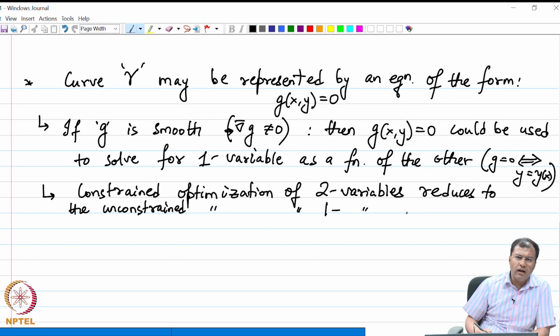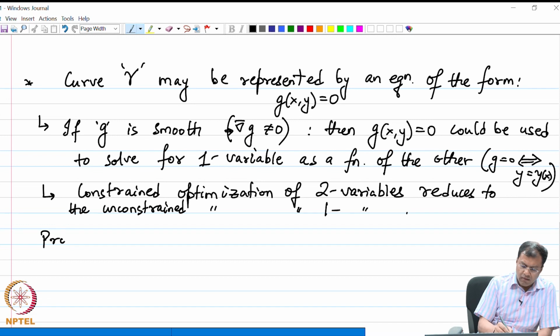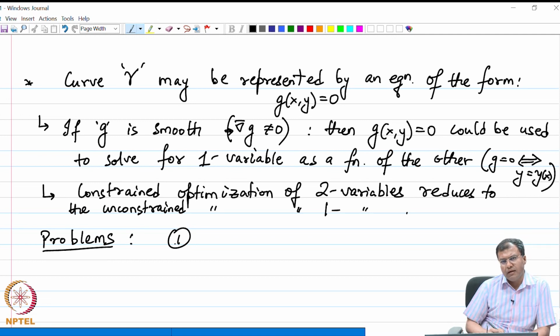There is no point in talking about constrained optimization, at least in finite dimensional calculus, but certainly it is not true. We can encounter many problems. So, let me list some problems in this methodology, right. Well, the first problem is obvious. Not necessarily we could solve g of x comma y equal to 0 to represent y as a function of x, right.